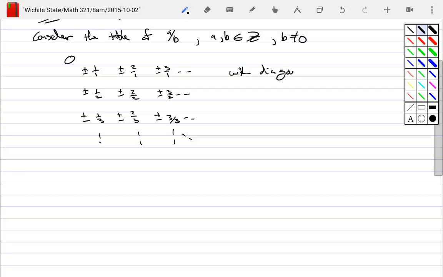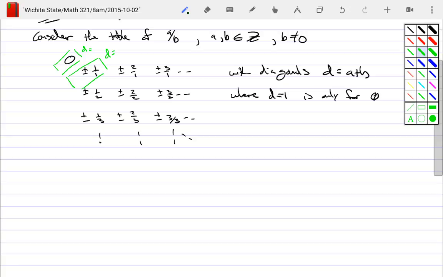With the diagonals, D equal to A plus B, but where D equals 1 is only for 0. And so normally the way I do this is you could box them out. So here, that's diagonal equal 1. This is diagonal equal 2.